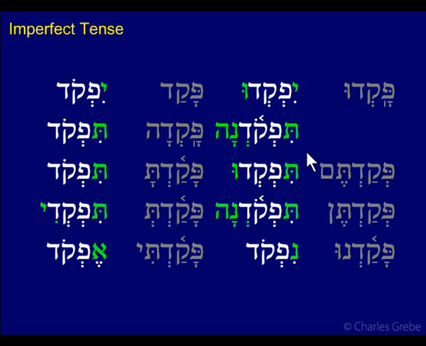What I'm going to do here, because this is what Ross does in his book, we're going to keep it really simple. We're going to call this a prefix, okay, a little bit that comes before a word. We're going to call these things suffixes. So this will be a suffix and this will be a suffix. And when we want to talk about pronominal suffixes, because you can put pronominal suffixes on verbs too, like we've had them on le, we've had them on nouns, we've had them on the definite direct object marker, we've had them on prepositions.